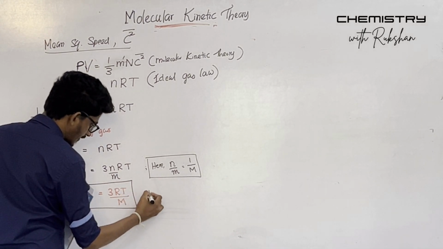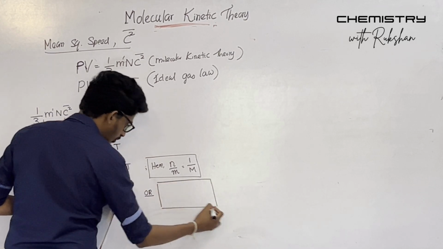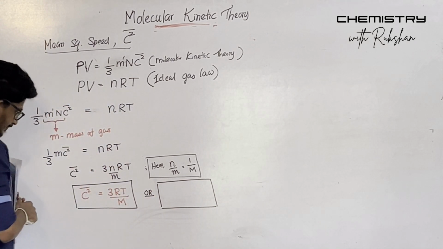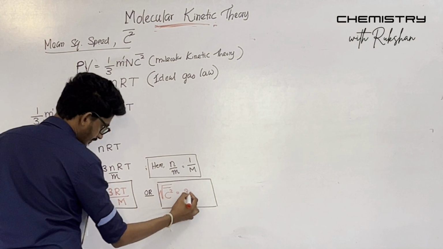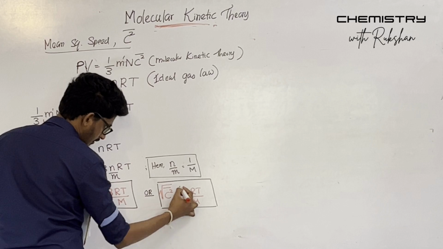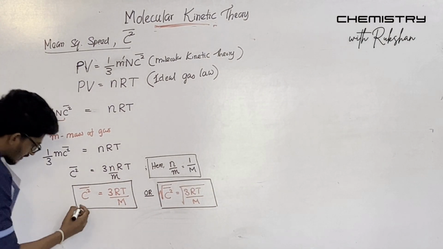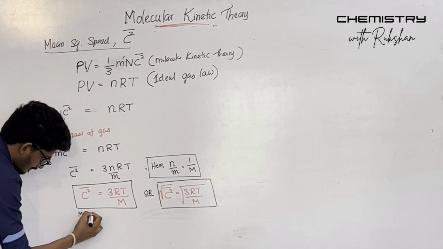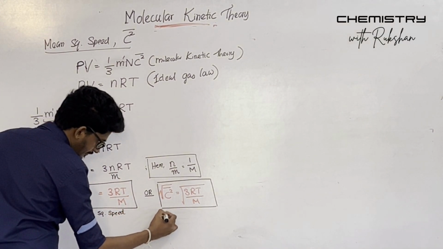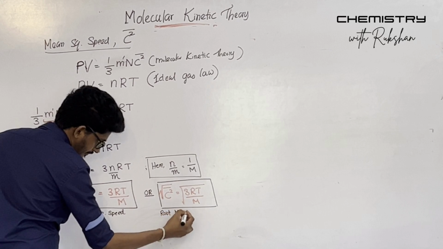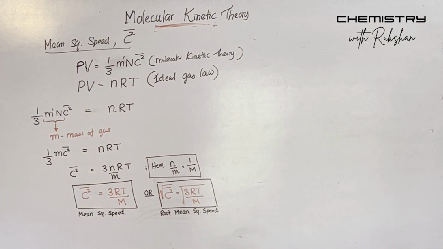If you are looking for the square root of c squared bar, the root mean square speed, just take the square root of the stuff: the square root of 3RT over M. This is the mean square speed, and this is the root mean square speed.